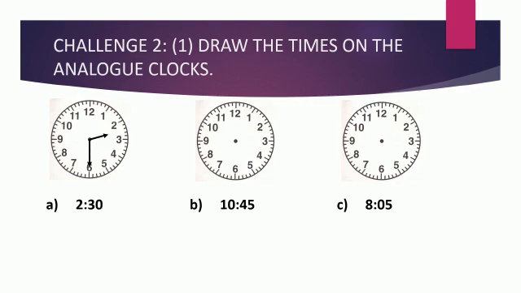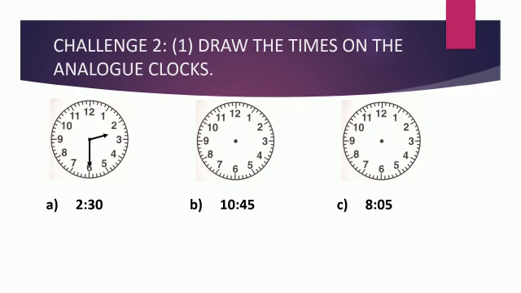Short hand is on 2 and long hand is on 6. On 6 means it will be 30 minutes. Long hand shows the minutes, so long hand will be on 6. It means that it's 30 minutes, and short hand you will draw away from 2, because half hour has passed.